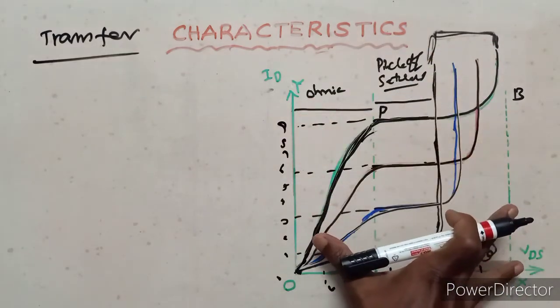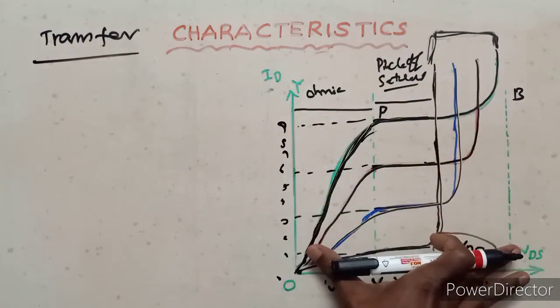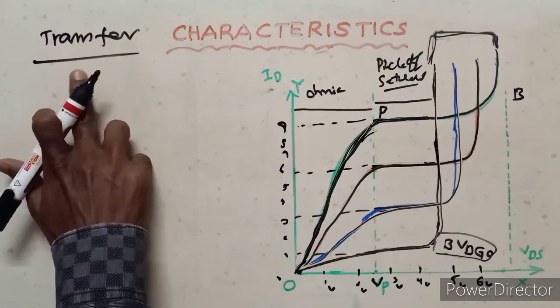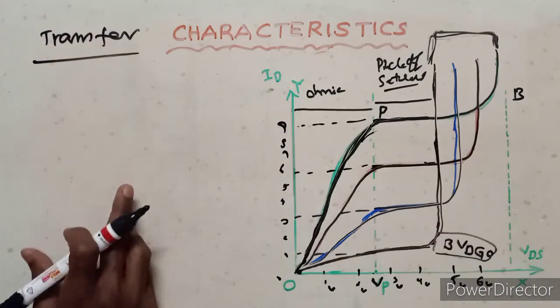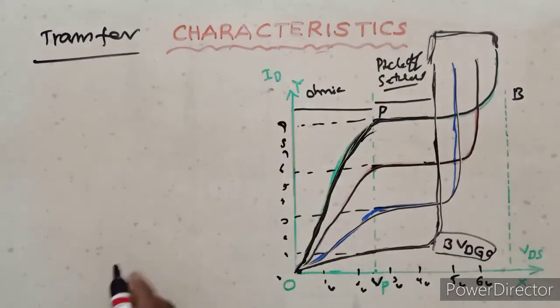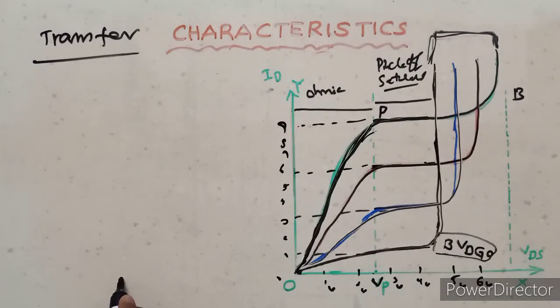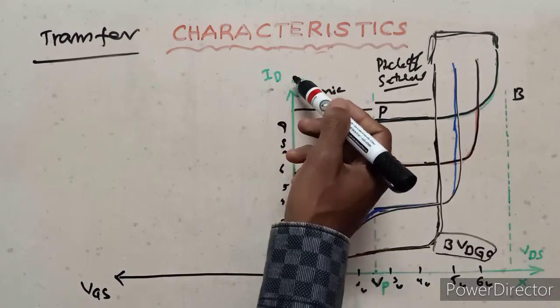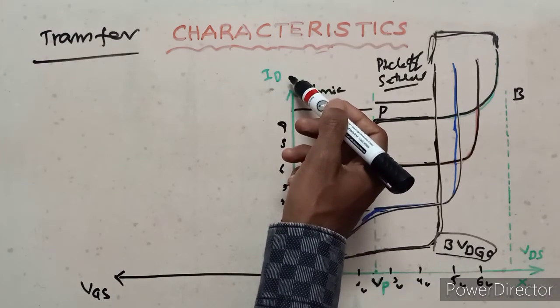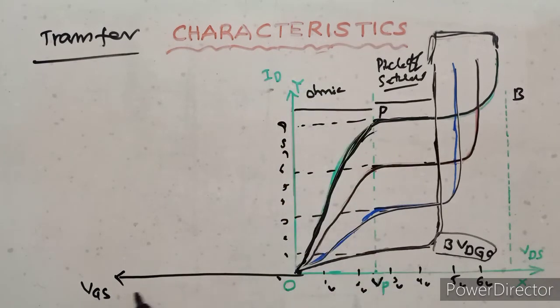They show the relation between ID and VGS. ID is taken along the y axis, VGS along the x axis.